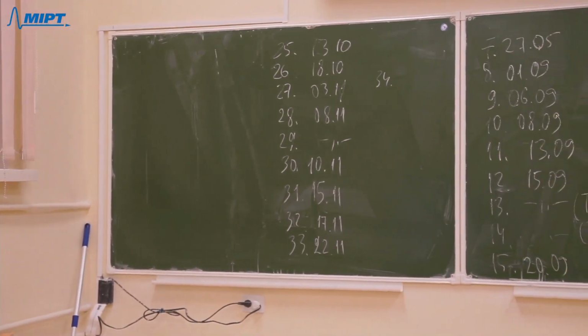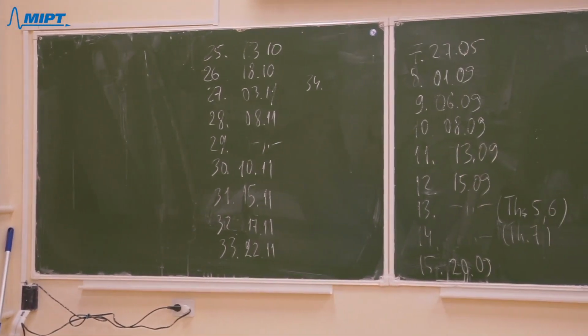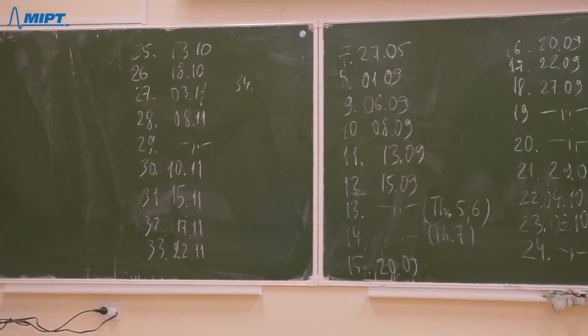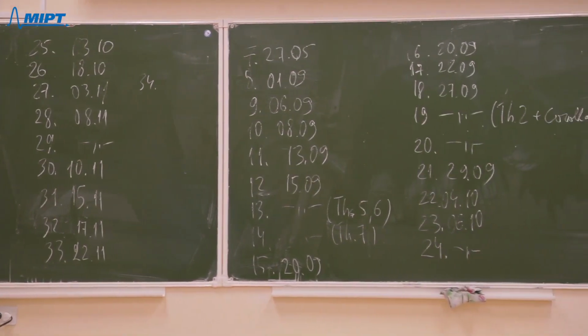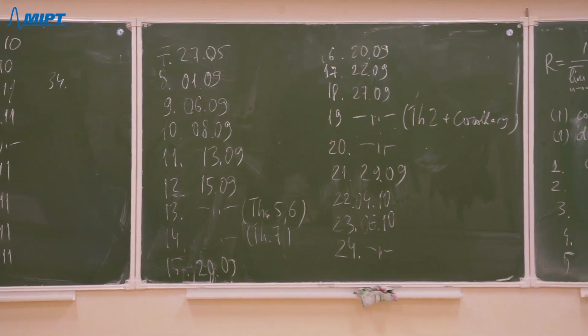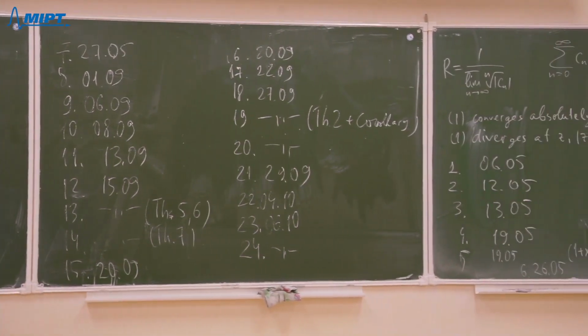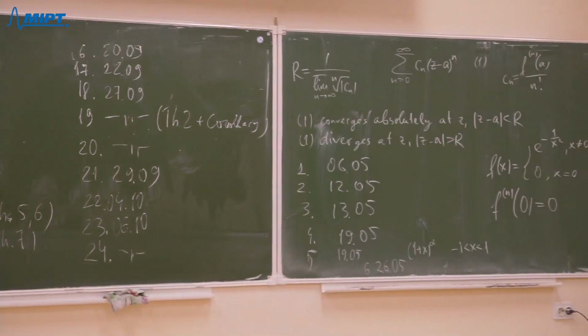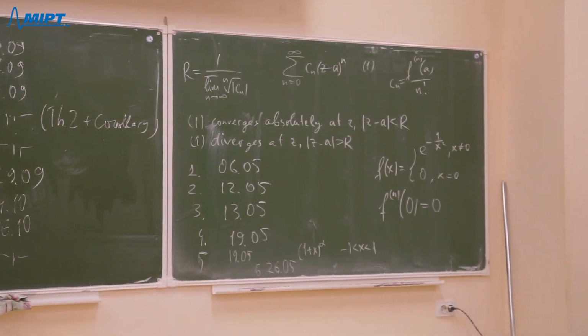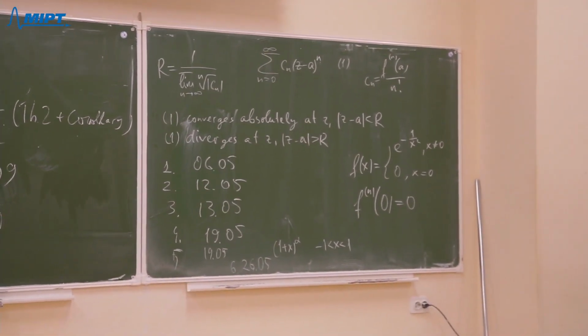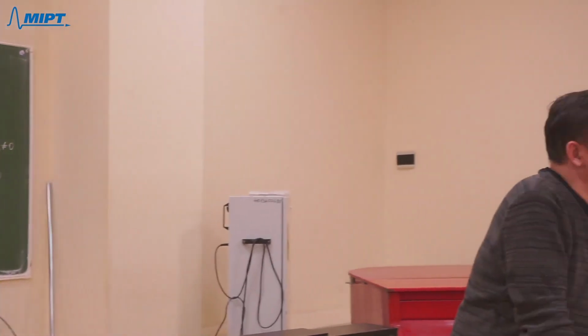You see, the only thing which you need to prove is that the series has the same radius of convergence. That is the only thing that is really necessary. And then another theorem, we don't need to do this.